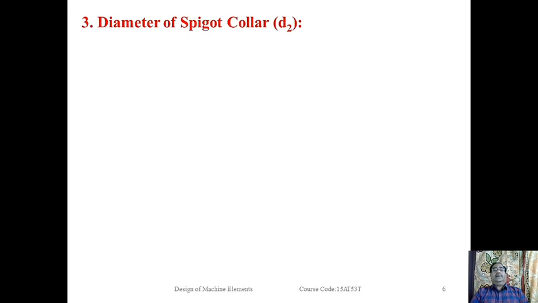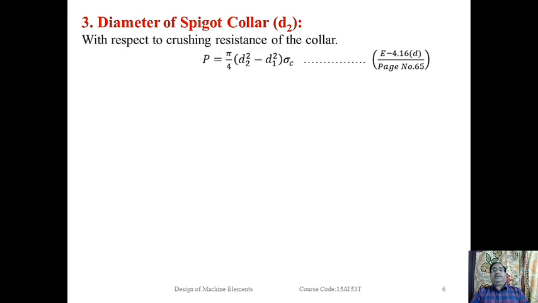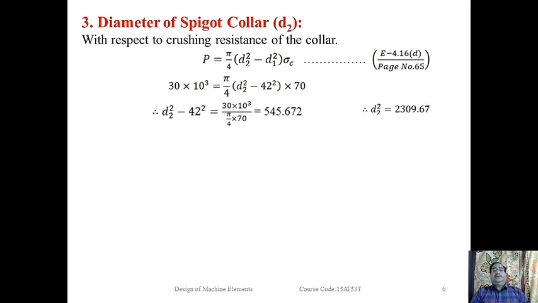So next we have to calculate the diameter of spigot collar D2 by using the equation 4.16D, and by substituting the values and doing the simple calculation, the value of D2 is 49 mm.